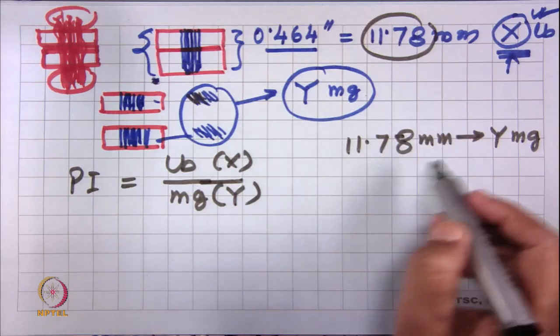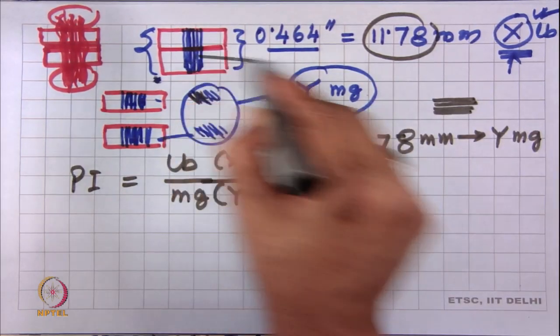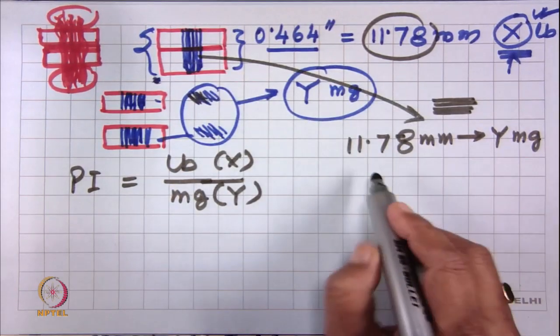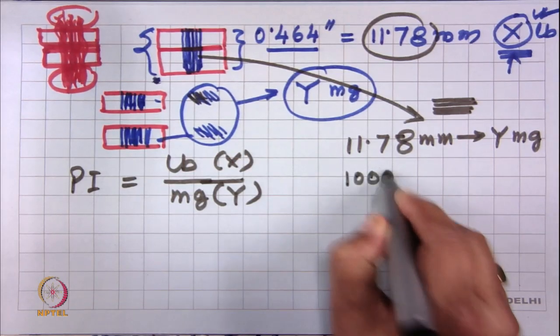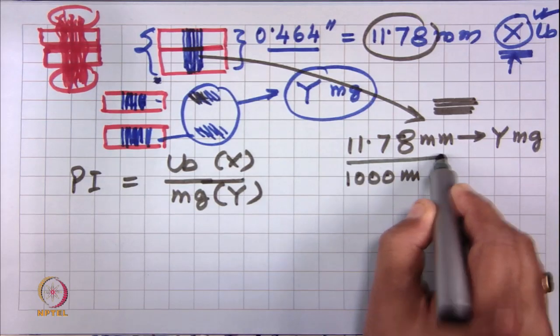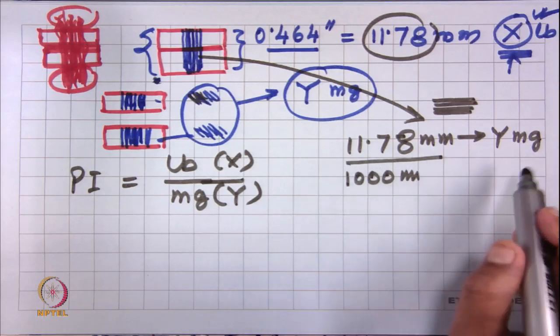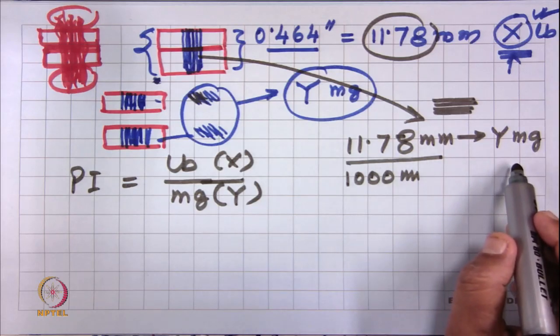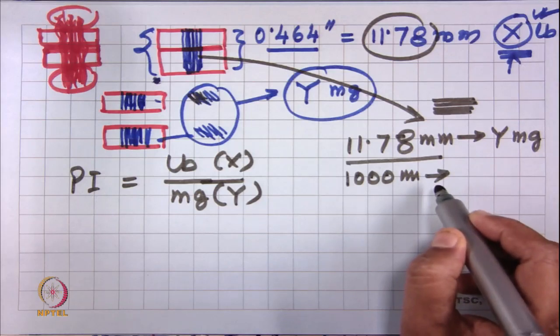want to measure the tex of this fiber bundle, so we can measure the tex at 1000 meter. So, for 11.78 millimeter, the mass is y milligram. For 1000 meter, what will be the mass in gram?